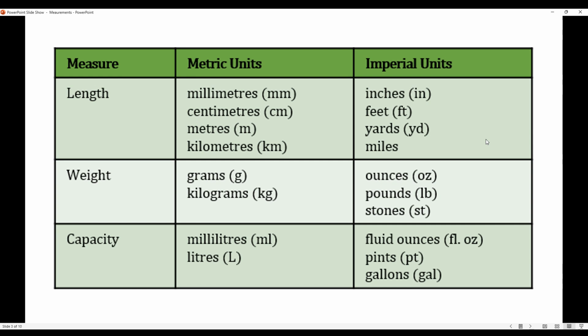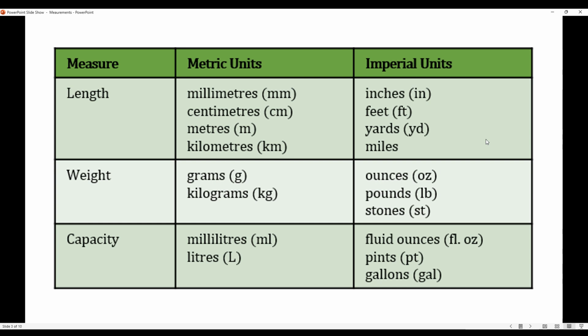That's correct. The imperial system, or the imperial measurement unit system, is the American measurement unit system. That means only America uses these units to measure things, while everyone else in the world uses the metric system or the metric unit system for measurement.